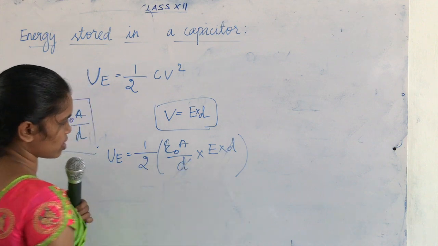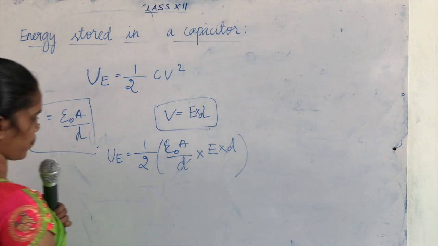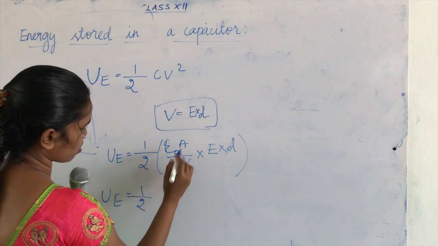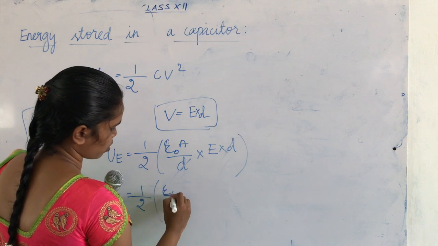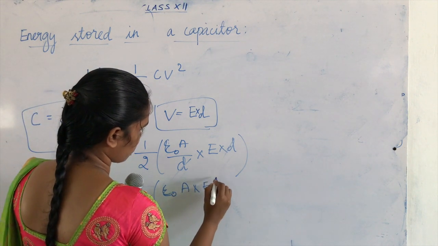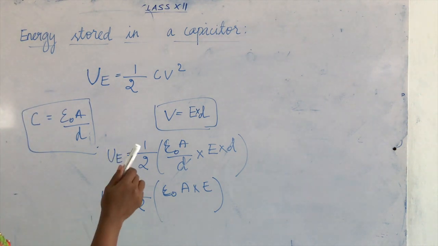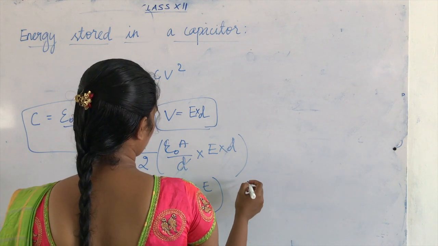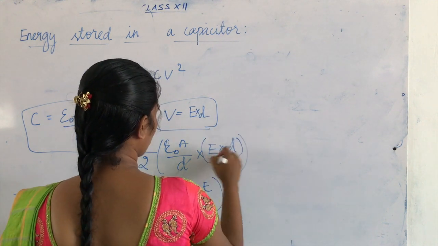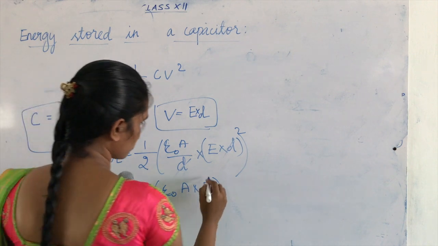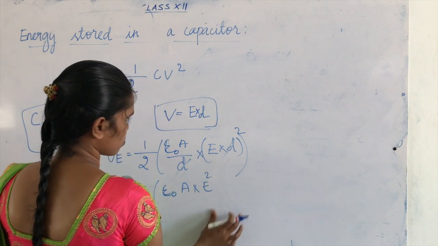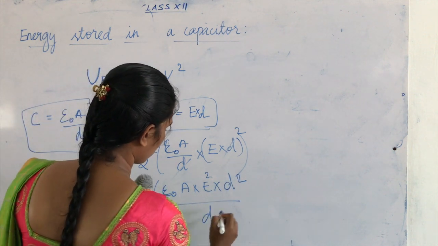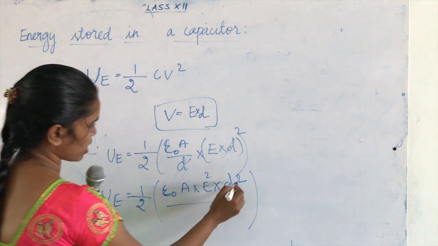Now, cancel this D. UE equals 1 by 2 epsilon naught A into E, sorry, here the square value is here, so E square into D square by D. One D gets cancelled.